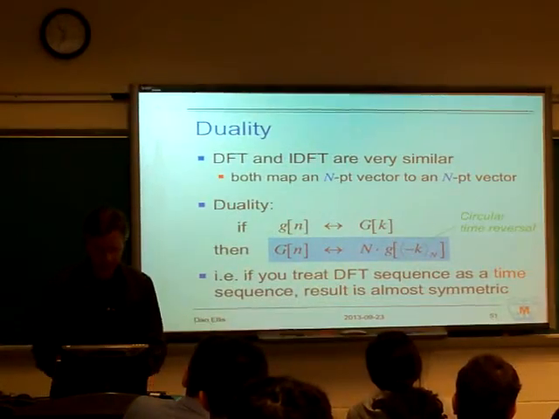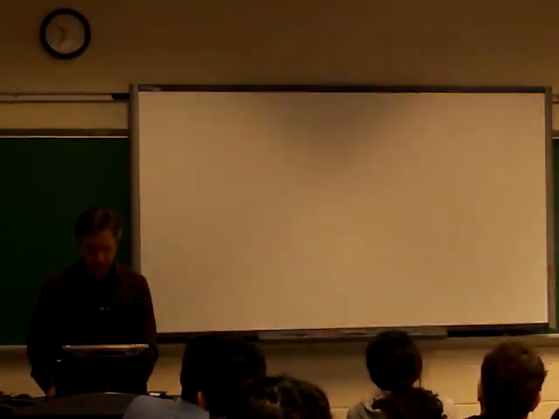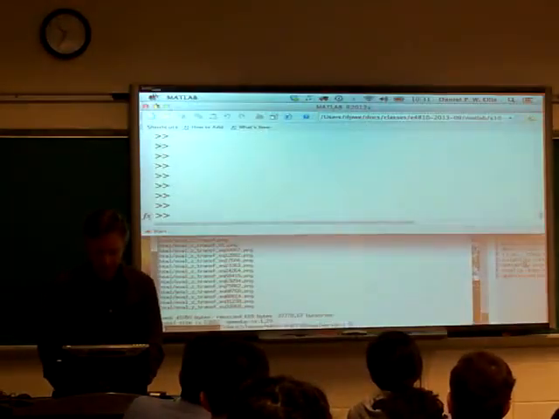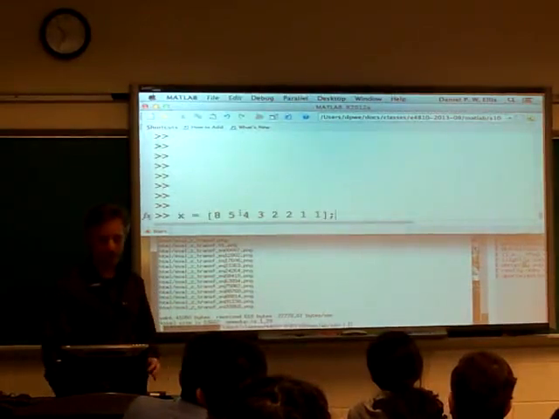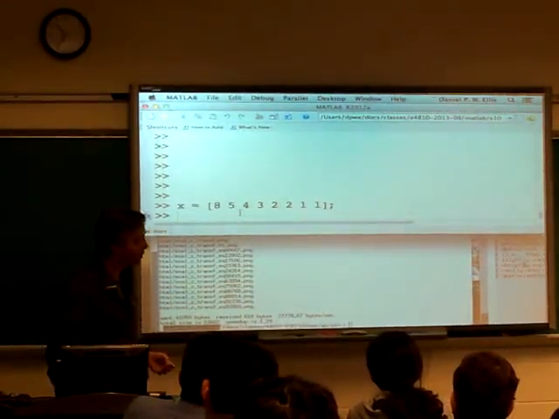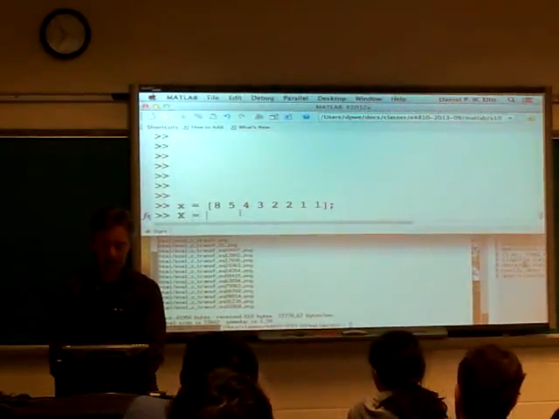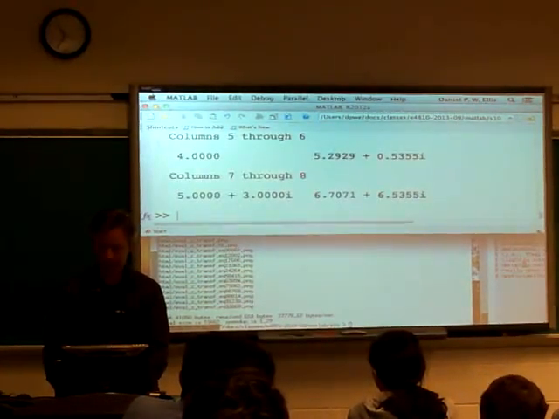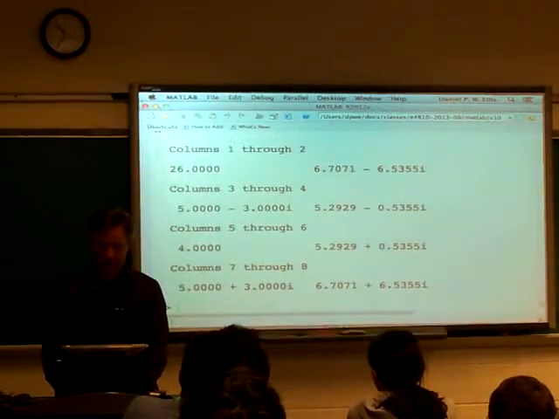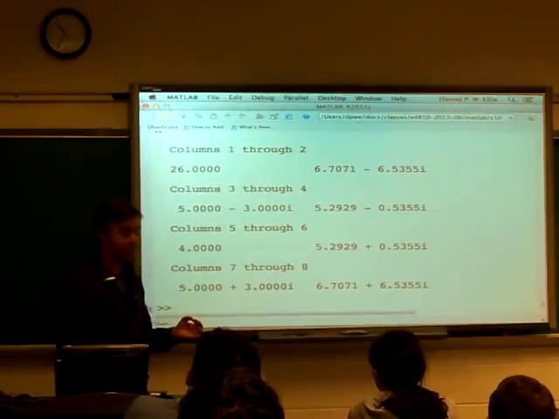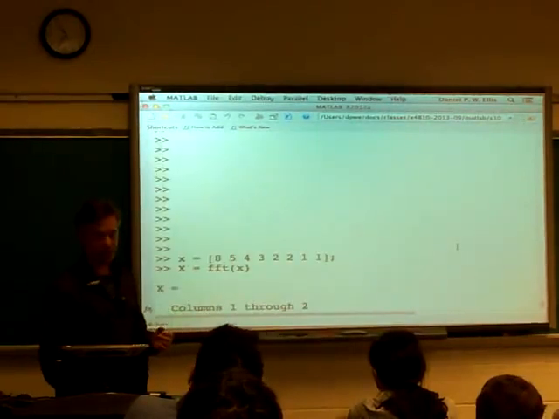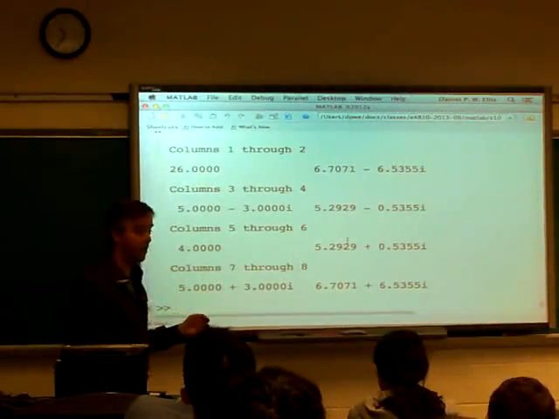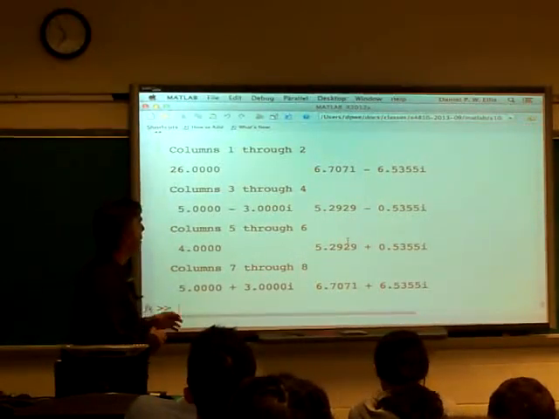I recognize that that's kind of confusing to look at here just because the notation is weird. So maybe it's easier in MATLAB. If I define a sequence like this, I can take its Fourier transform like this. Because we started out with some arbitrary time sequence, the Fourier transform has real and imaginary parts, so it's complex.